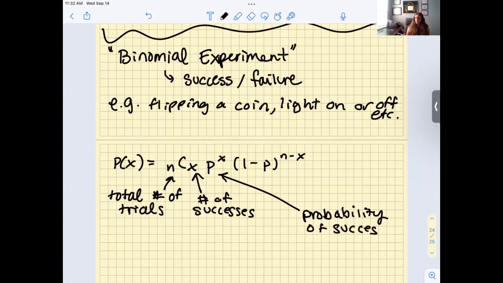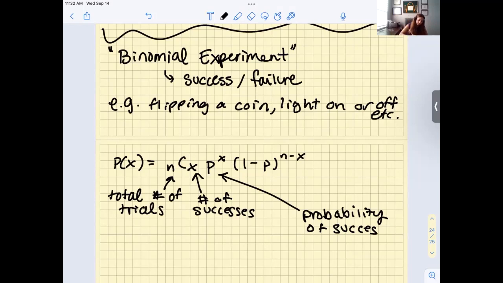And essentially, the rest of that is the probability of the failure, right? Because 1 minus the probability of success is the probability of the failure, which is why we have n minus x over there, because it's everything else. So it's basically number of successes with the probability of success and the number of failures with the probability of failure.